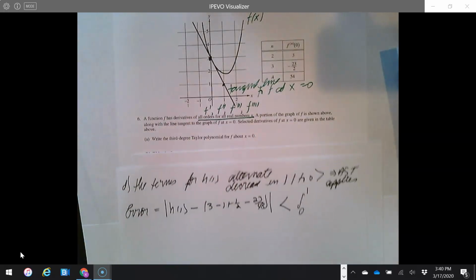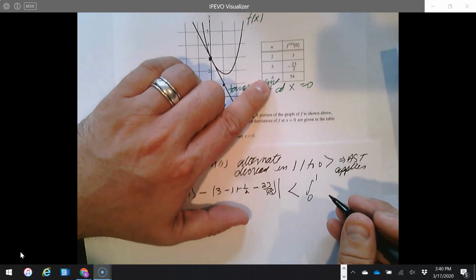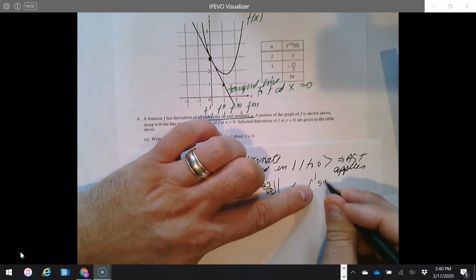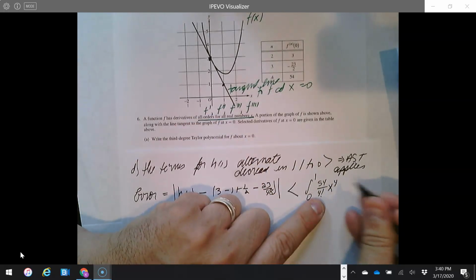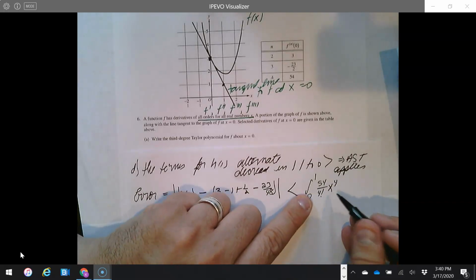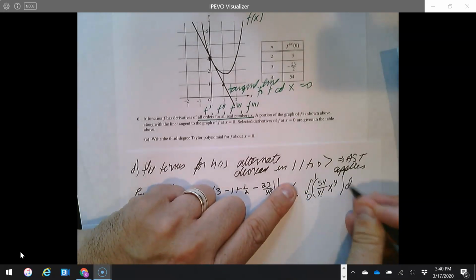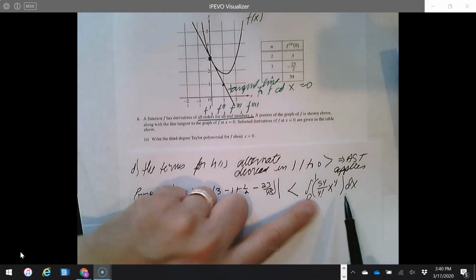The degree 4 term is found by looking at the fourth derivative evaluated at 0, so 54, over 4 factorial times x to the fourth. That would be the first term in the degree 4 Taylor polynomial. My error is going to be less than that.